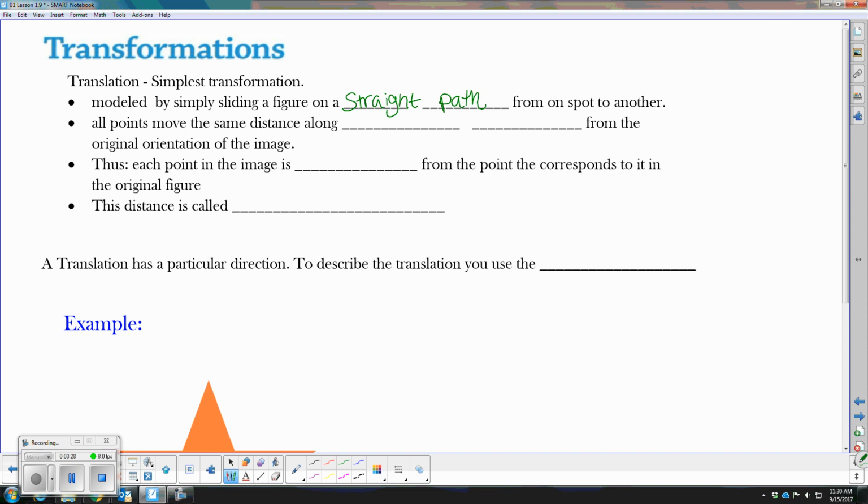All points of the image move the same distance along parallel paths from the original orientation of the image. And therefore, each point on the image is equidistant from the point that corresponds to it in the original figure.